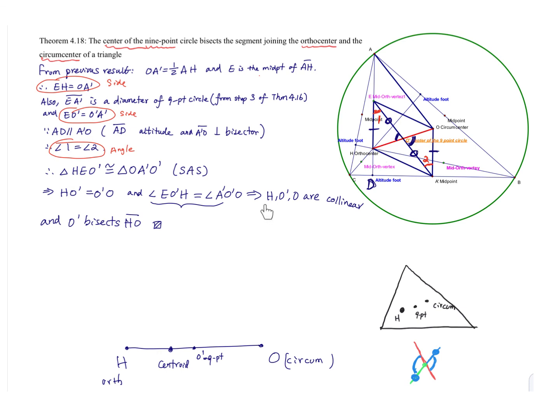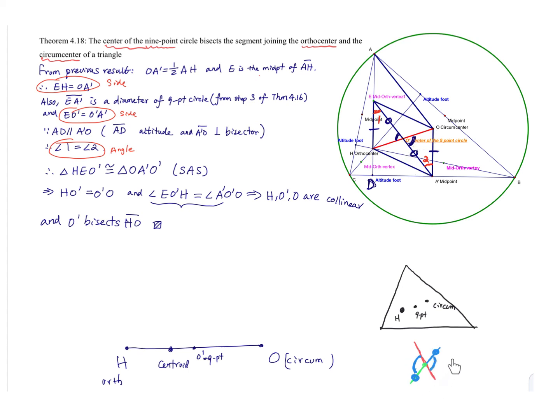And lastly, let's prove that they're collinear. Because the triangles are congruent, these two opposite angles should be equal. So angle EO'H is equal to angle A'O'O.